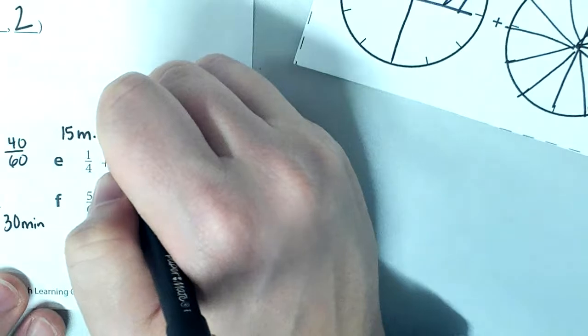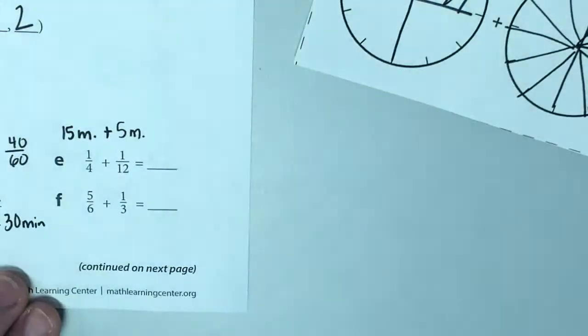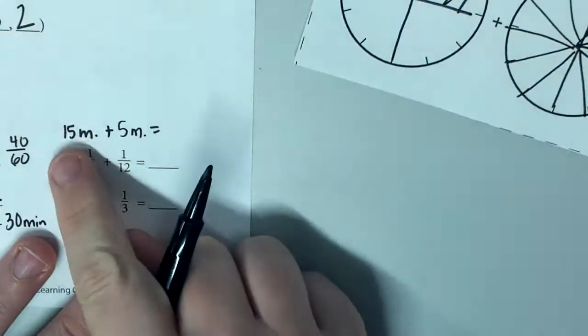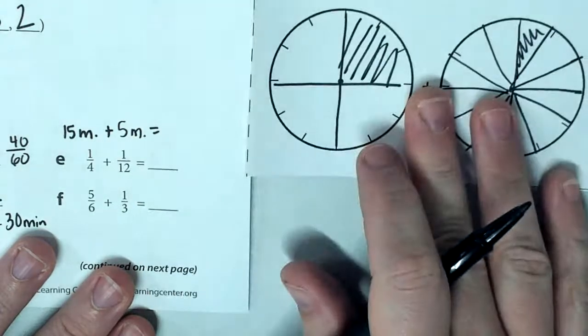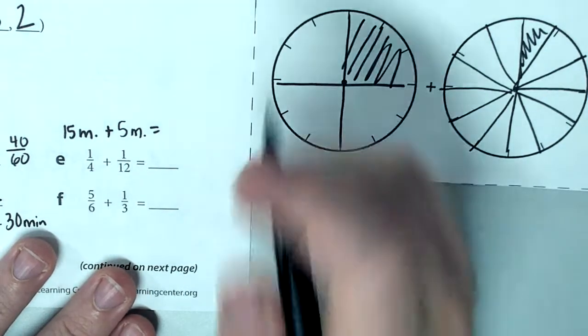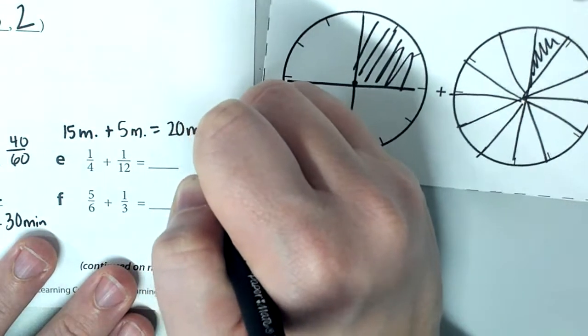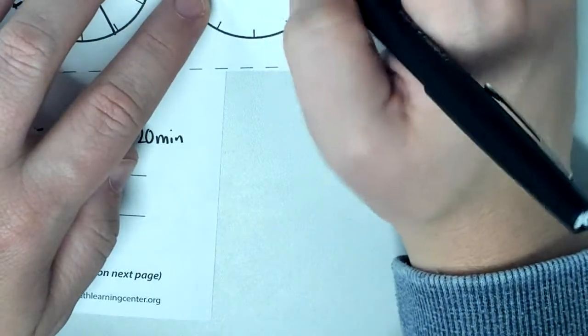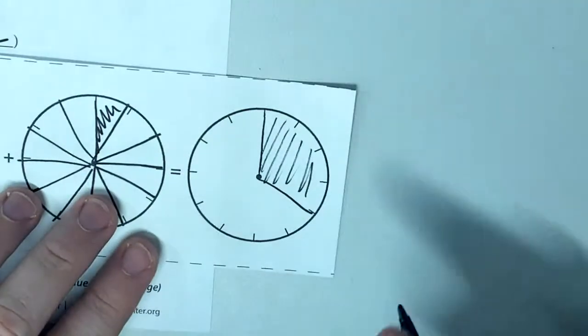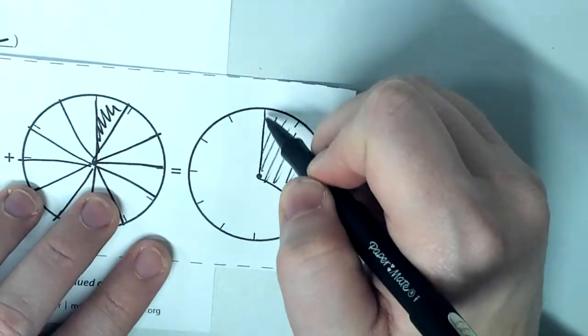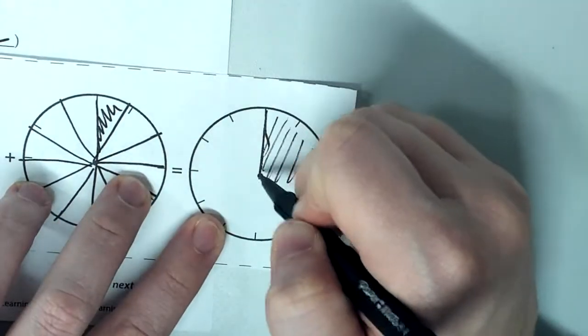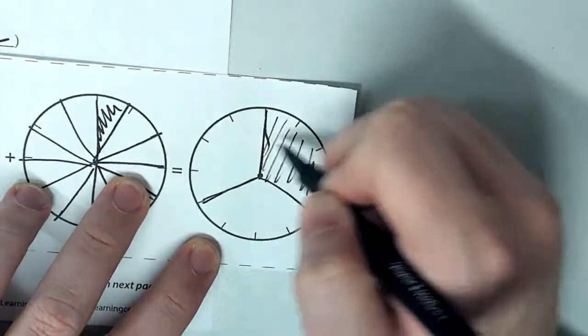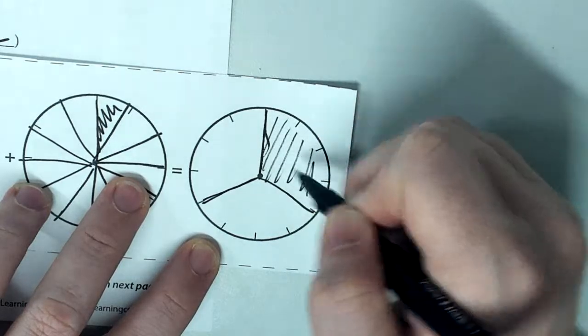That is just 5 minutes. So if I add 15 minutes plus 5 minutes, what do I get? 20 minutes. If I were to draw or shade in 20 minutes, it looks like this. What fraction is that? Let me draw on this side. Now can you tell what fraction is? How much is shaded out of how many total? Yeah, it's 1/3.